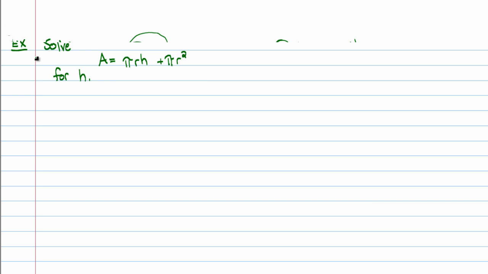Let's go ahead and solve A equals pi r h plus pi r squared for h. Well, the first step we want to do is clean up the sides, but if you take a look at the problem, there are no like terms. There are no parentheses on the right hand side, nor on the left. And on the right hand side, you can't just add these two objects together because they're not the exact same pictures.